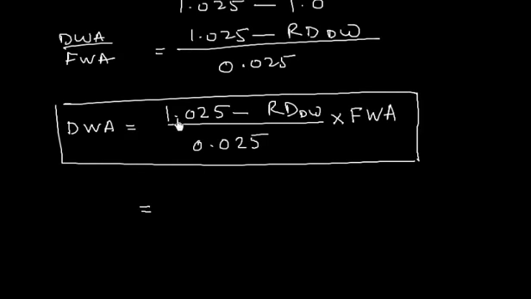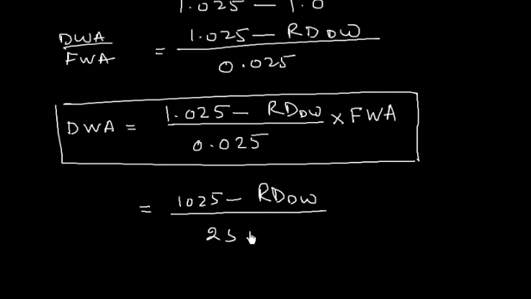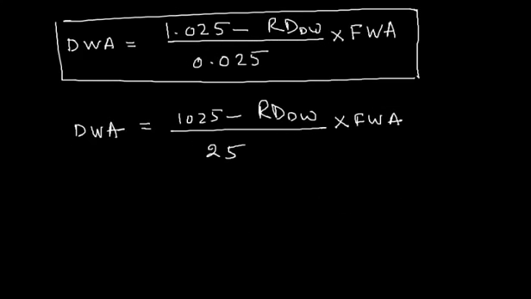Just let me mark this. We can also use this formula if I multiply both the sides by 1000, like this: 1025 minus RD dock water in the multiple of 1000 divided by 25 for easy reference, multiplied by freshwater allowance. So this is a dock water allowance. Well, dock water allowance is nothing but change in the draft.